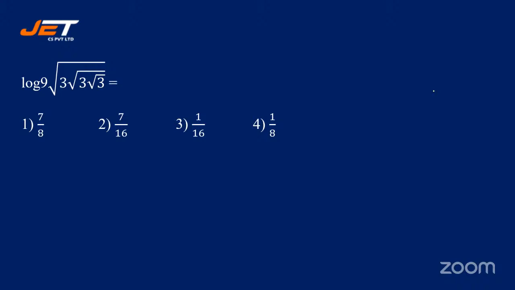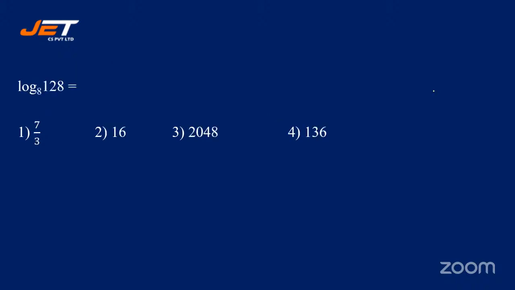And finally, you can take it as to the power 1 by 2. So you can easily apply the rules here and get the answer. Is it option 1, 7 by 8, option 2, 7 by 16, option 3, 1 by 16, or option 4, 1 by 8? So it should be option 2, 7 by 16. All right. See the next question.